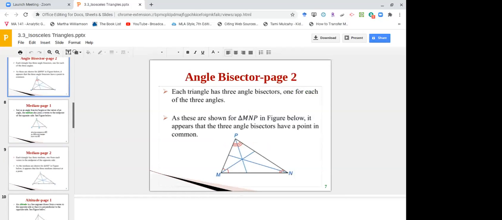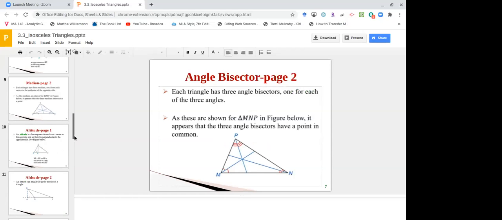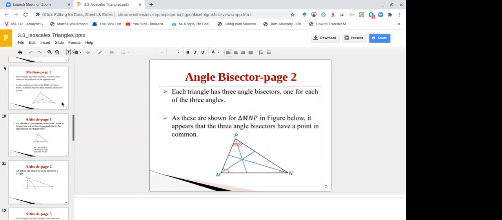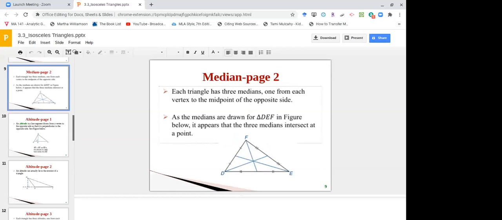And then we have some other terms that you need to be familiar with. We have median, okay? This is not the same median that you might have seen in other contexts. Medians go from the vertex of an angle to the midpoint of the opposite side.